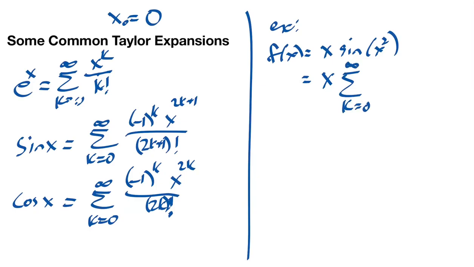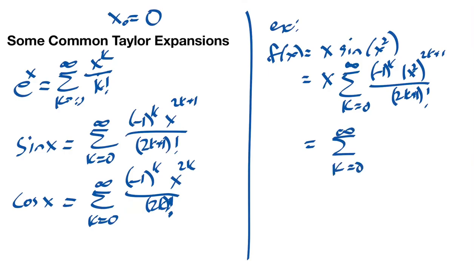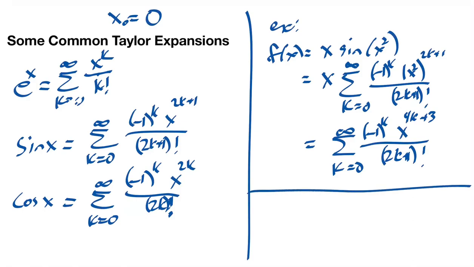So sine of x squared needs to be the sum as k goes from 0 to infinity of (-1)^k (x^2)^(2k+1) over (2k+1) factorial. And then if I want, I can put that x inside. And so we get the sum as k goes from 0 to infinity of (-1)^k, and then this becomes x^(4k+2), but then we multiplied another x in, so x^(4k+3), over (2k+1) factorial.